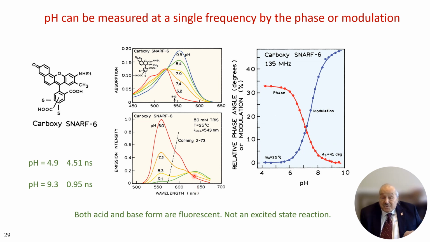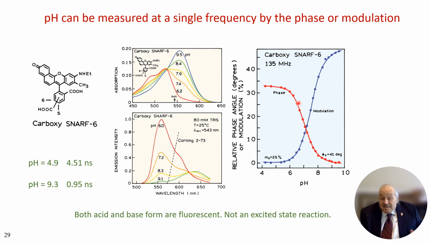What we did is we made a selection. We said, okay, let's look at only the emission beyond this wavelength, because we wanted to get relatively similar amplitudes for the two forms of the probe, and the results are just spectacular.